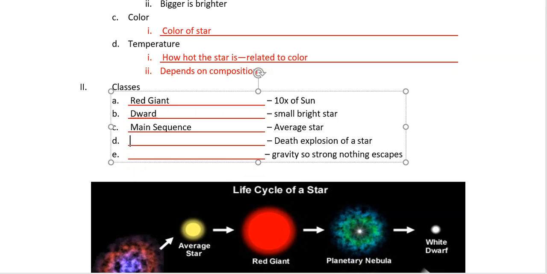It gets really bright for a bit, and then it decays into something else. They don't last for very long, so we don't put them on our diagram because we don't really see very many of them at one time. But we will see some black holes. That's just the remnant of a star where it's collapsed and it's so strong that nothing can escape from there.